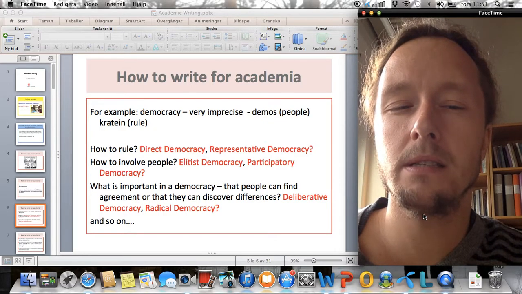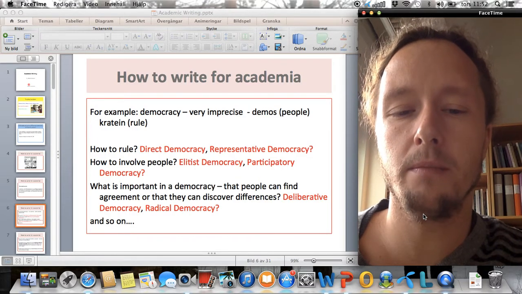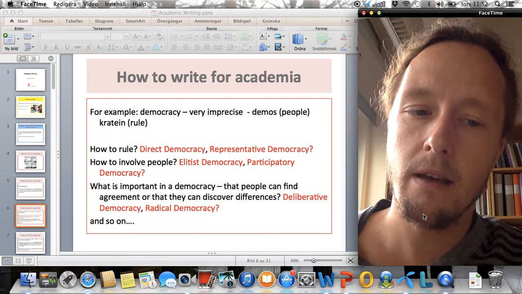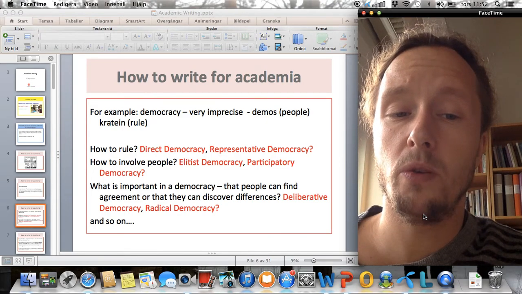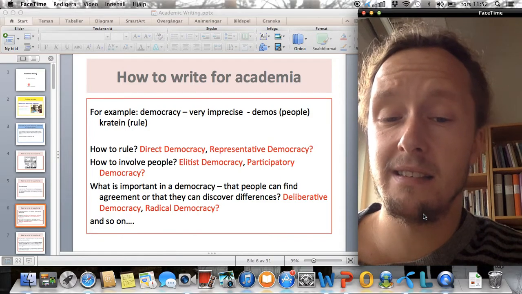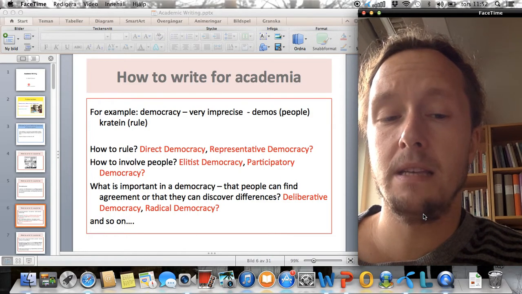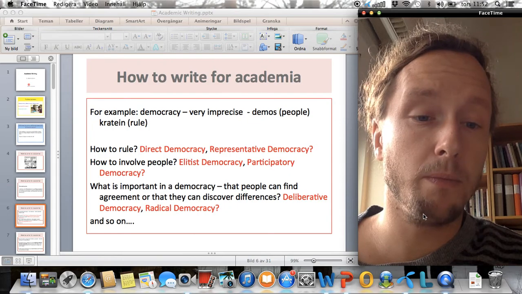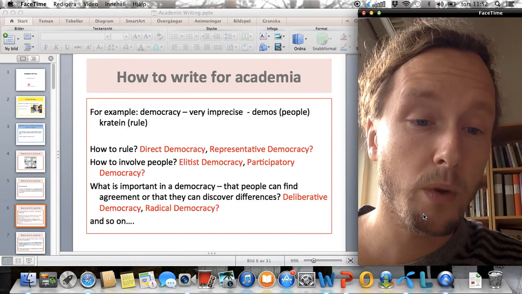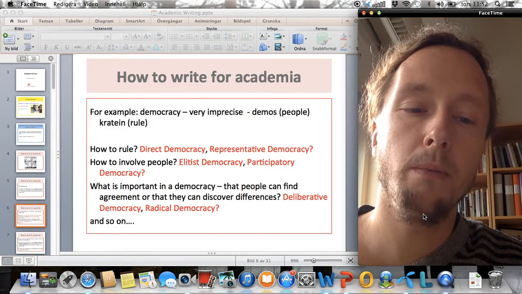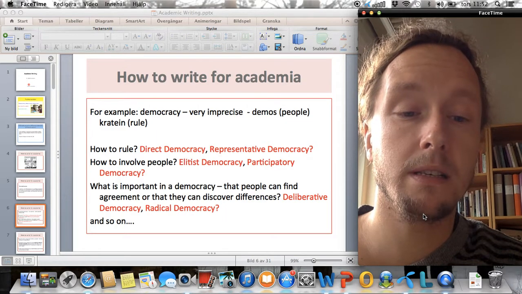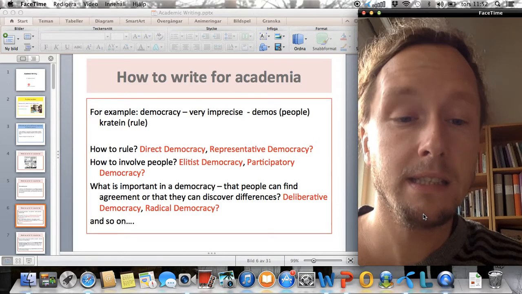It's what is the so-called rationale, or the reason for democracy, why it is important. And perhaps then we have different ideas of democracy in the sense that, is it important with democracy for people to agree with each other, or is it important so people can see different views and where people disagree?